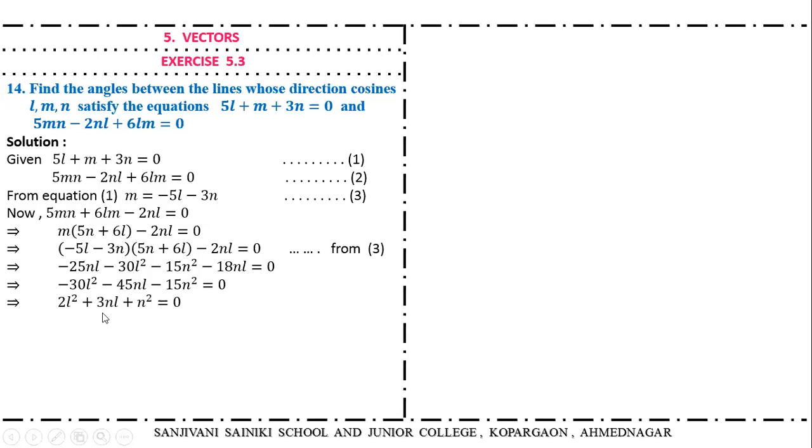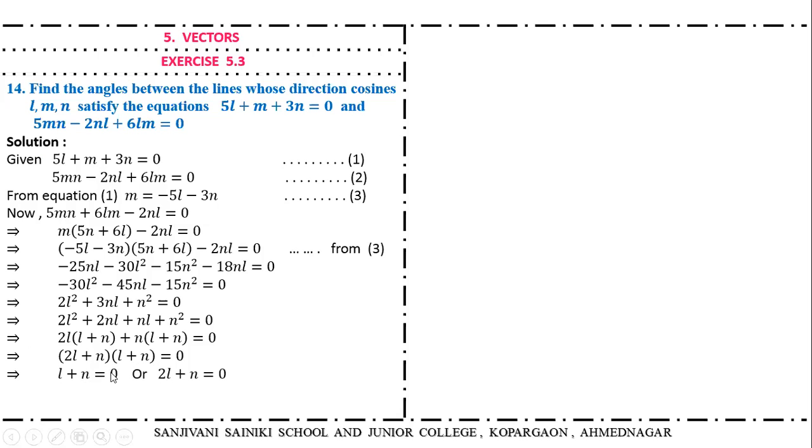So 2L square plus 3NL plus N square is equal to 0 by dividing by minus 15. Factorize 3NL as 2NL plus NL. Take 2L common here, N common here. I will get the two factors, 2L plus N and L plus N. So the first factor is equal to 0 or the second factor is equal to 0. First is L is equal to minus N, or L is equal to minus N by 2.